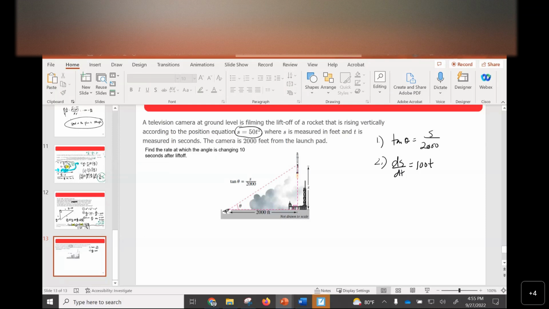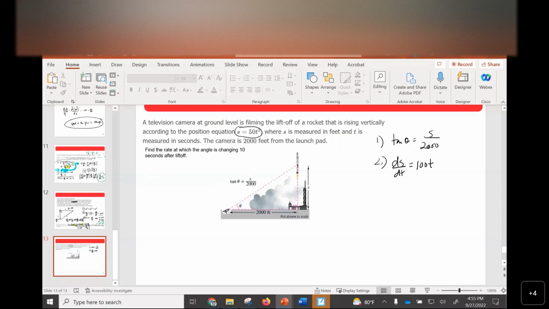It depends on t. And then I think I know what to do with that, right? I'm going to plug t equals 10 in, right? So it's going to be when that thing is going 1,000 feet per second, it looks like. Okay, so we could put that there as well. We could do the math and say plug in t equals 10 right now.